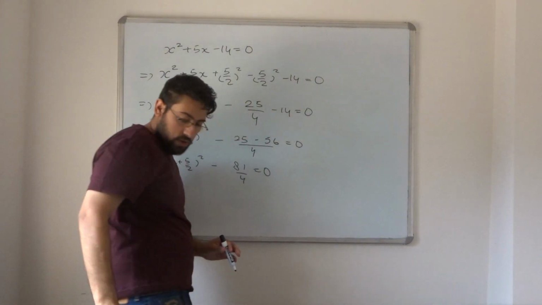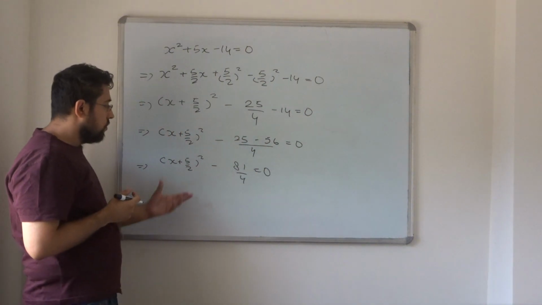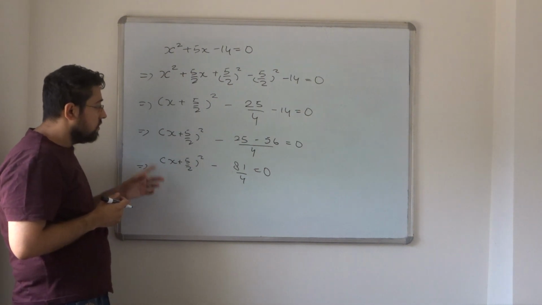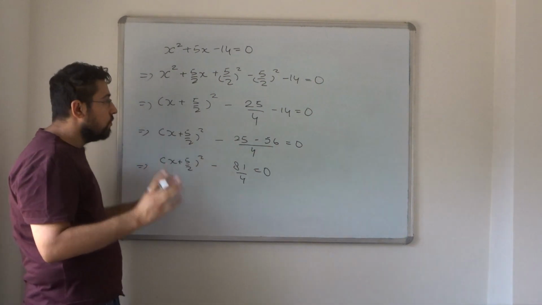Now from here, I'm sure you can take it from here. What do you do now? So now guys, we have to cancel out the square. In order to cancel out the square, we take the square root.